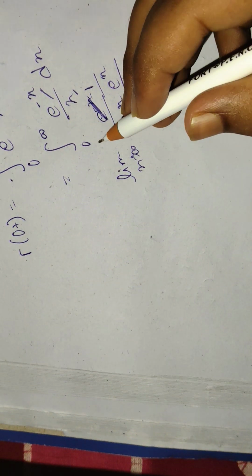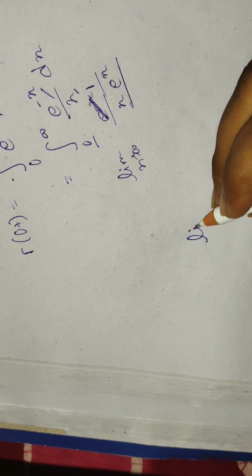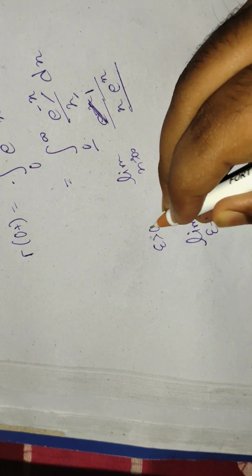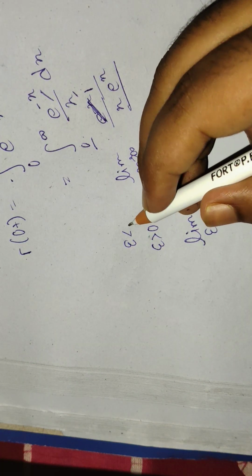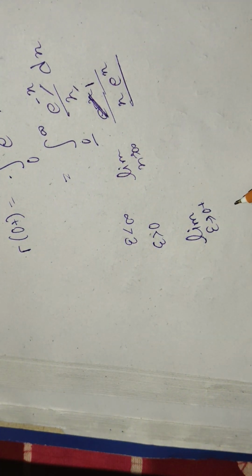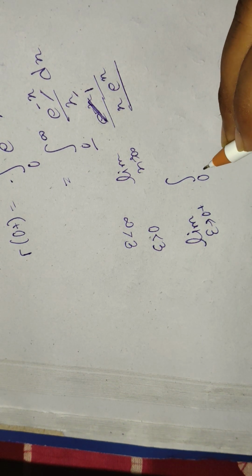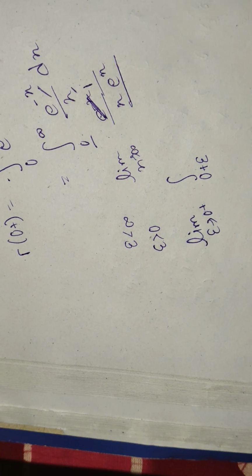Let's prove it. First of all, you can see the lower limit is making the problem. So we have to use the limit epsilon tends to 0 positive, where epsilon is greater than 0, but always epsilon is less than infinity minus 0, which is basically infinity. So 0 positive is 0 plus epsilon, because we have to stay in the region from 0 to infinity.